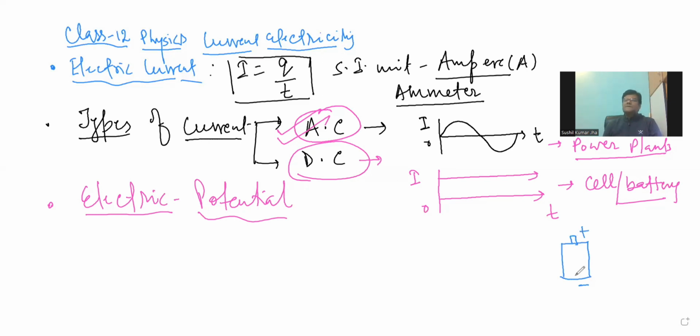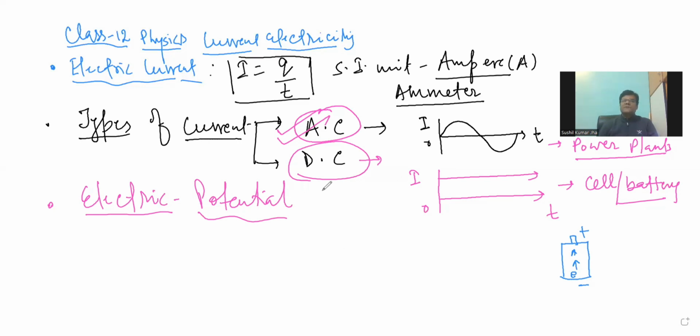But in this process, electrons or charge is made to move from negative to positive, and so we take the conventional direction of current as positive to negative.